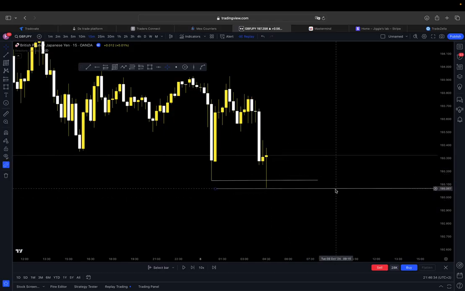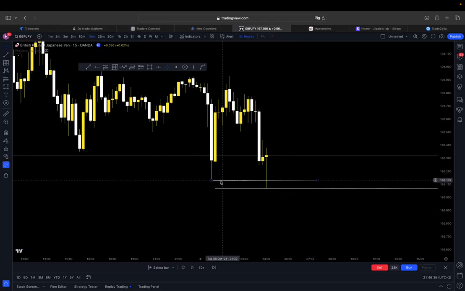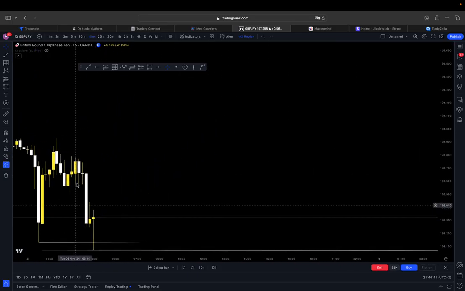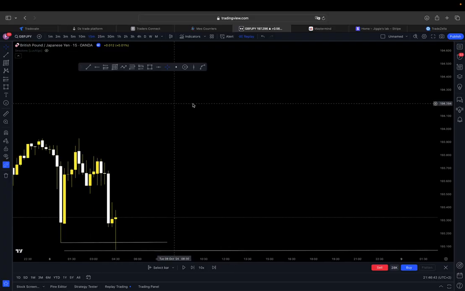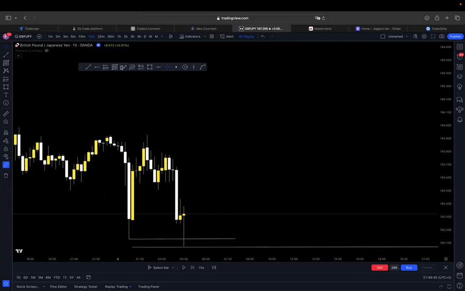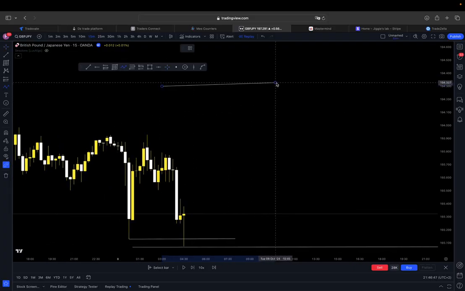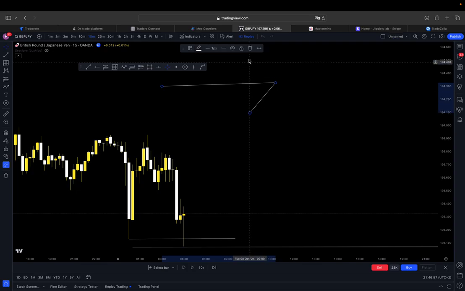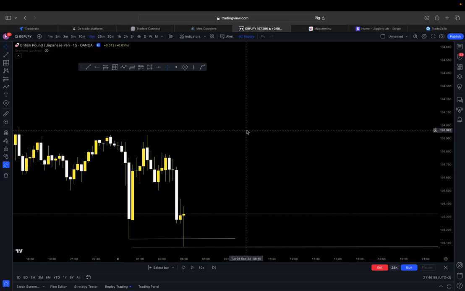One, a fake break of structure. Two, tapping into a confluence. It might be a liquidity sweep, a break of structure, fair value gaps, whatever. But a valid TS fills the break of structure and taps into a confluence.